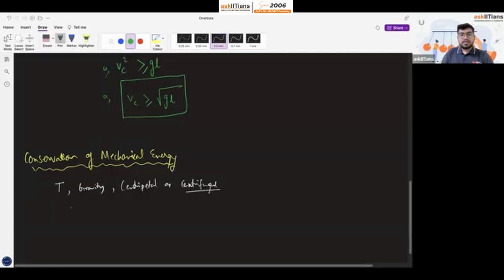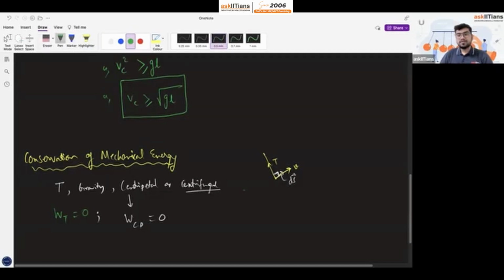Interestingly, work done by tension would be zero because tension is also acting in the same way. This is the tension and this is the direction, so tension is actually perpendicular to ds. If tension is perpendicular to ds, work done by tension is zero. Similarly, work done by centripetal or centrifugal force would also be zero because it also acts along the same route.